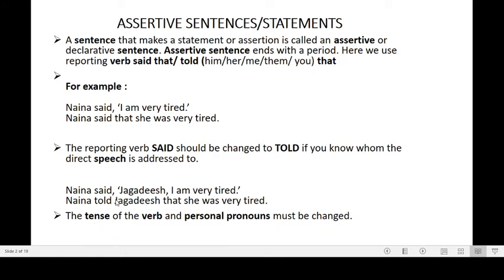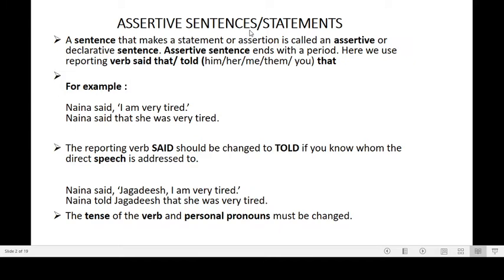And in addition to these, the tense of the verb and personal pronouns must be changed. Here you see the tense is changed, I am very tired is changed into she was very tired, and even the personal pronoun I is changed into she. So along with following these rules that we discussed in the previous session, you have to decide which reporting verb should be used.